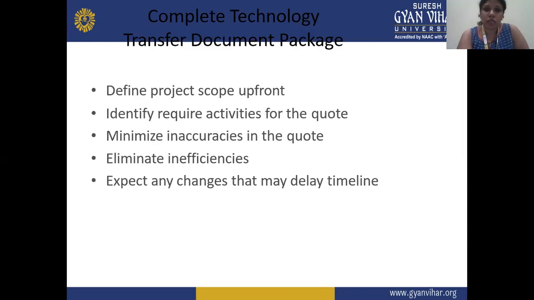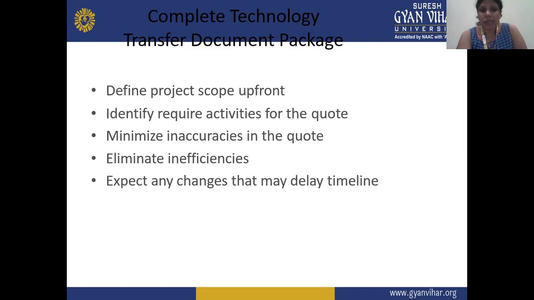Now, the complete technology transfer document package. It defines the project scope upfront, and gives the complete documentation package to the receiving side beforehand. It gives project scope knowledge related to the project, and identifies the required activities for the quote.